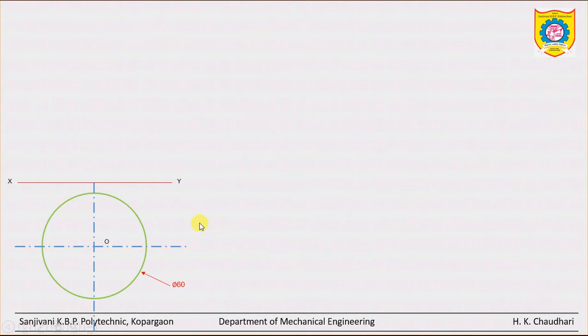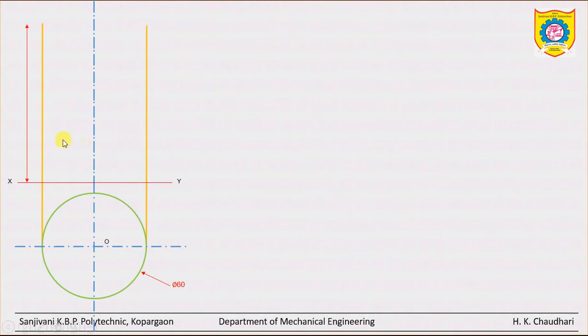Now for drawing front view of this cylinder, just extend this center line in the front view and again draw the end generators of the cylinder, and considering the height which is given actually 90 mm, so draw the locus of this top view.